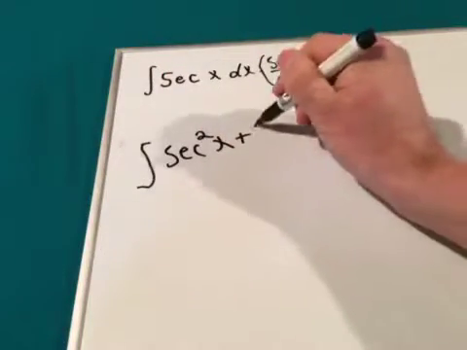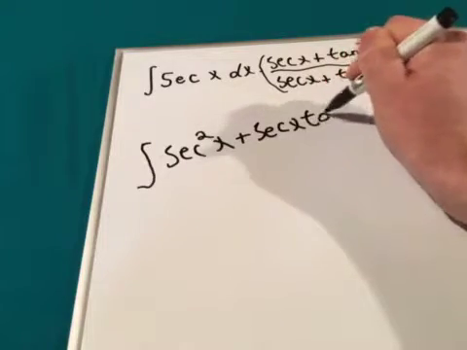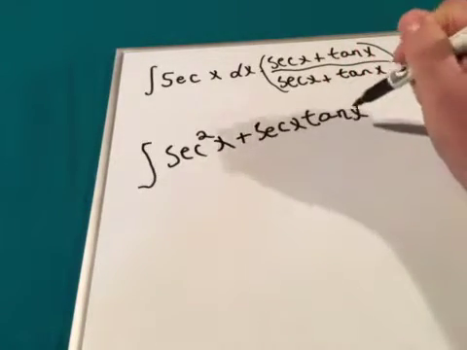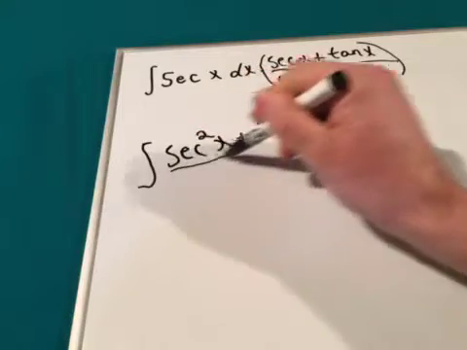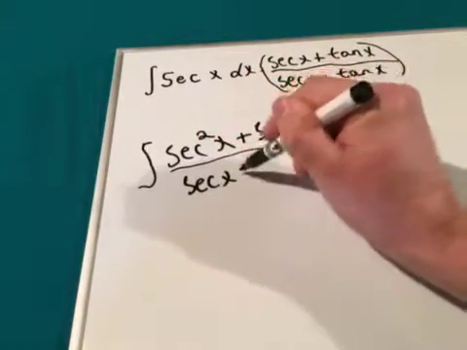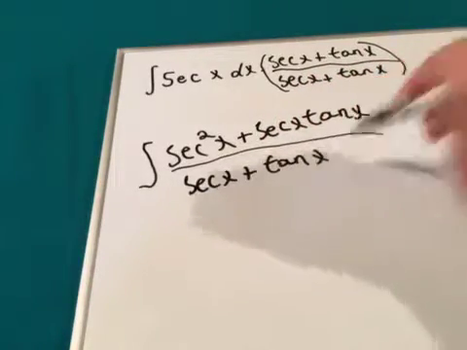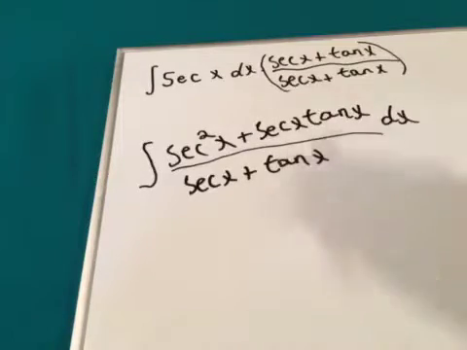Secant times tangent. So that's secant x times tangent x. Okay, and that is all over secant x plus tangent x. And don't forget your dx.